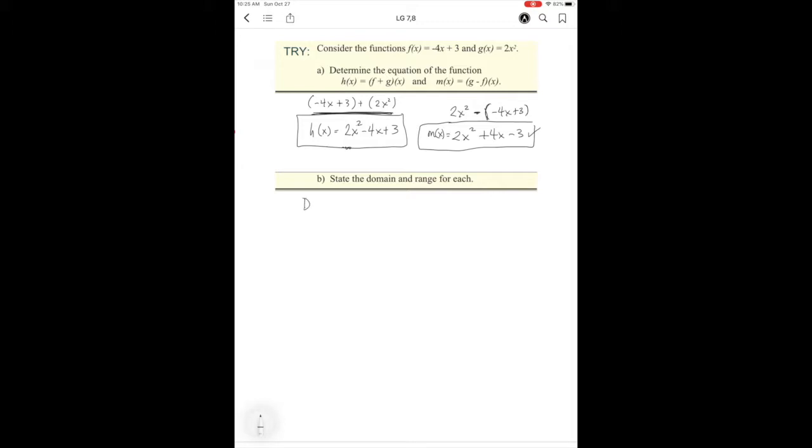Hopefully for the domain you got XER for both of them, because they are parabolas opening up. And then for the range, hopefully you got y greater than or equal to 1, and for the other one, y is greater than or equal to -5.